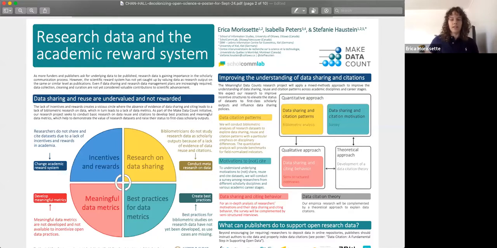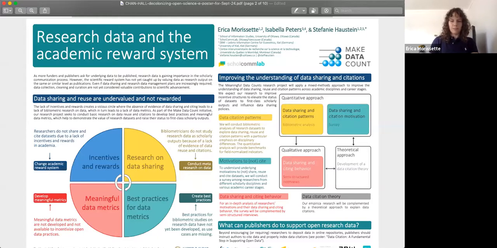In our study, we recognize that data is not currently evaluated in the academic and scientific reward system. So to baseline, what this means is that data collection, cleaning, sharing, and reuse are not necessarily considered meaningful contributions. And this leads to the reward system severely lagging when it comes to recognizing data and the benefits of an open data system.